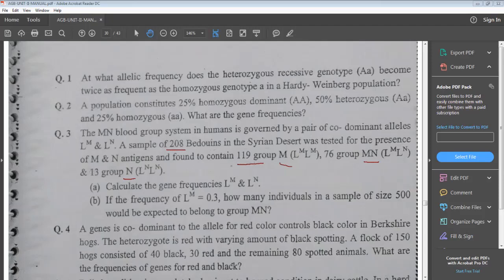Okay, so in that particular question we have to calculate the gene frequencies of LM and LN.